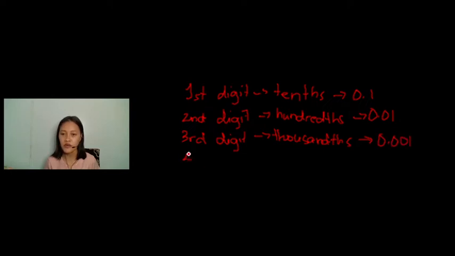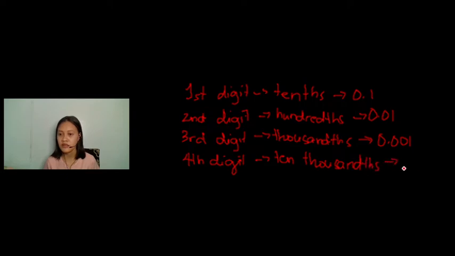And then for fourth digit, that is ten-thousandths, and its value, 0.0001. So, ito is magagamit ninyo especially if hindi kayo gagamit ng place value chart.